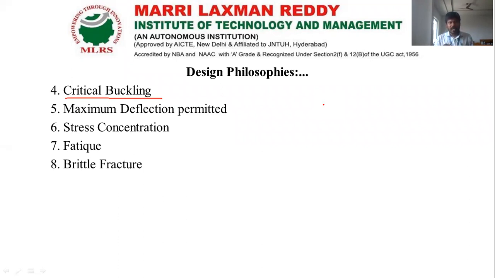It may happen suddenly anywhere in the section, probably at the mid of the section. We have to ensure whether it can get buckling failure or not, otherwise it can get crushing failure. Buckling failure means we can have flexural failure: in one place we get tensile force and in another place compression. That comes under critical buckling or buckling failure.